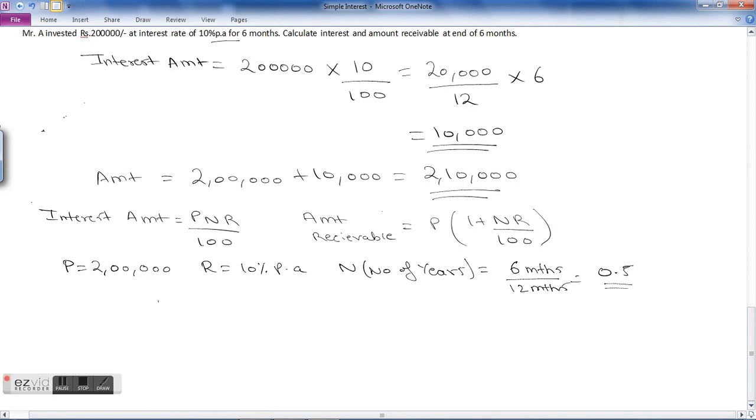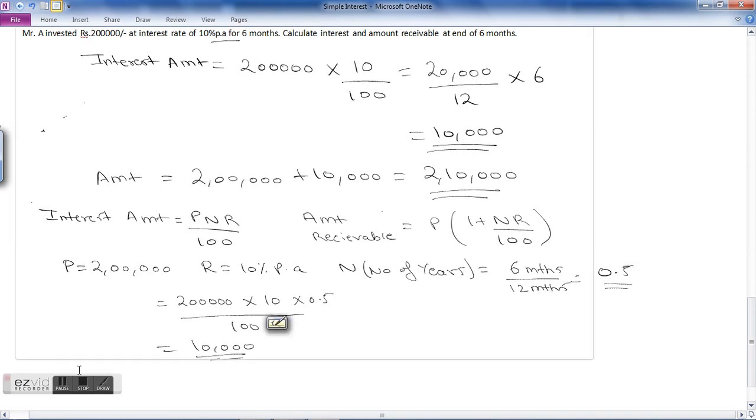So interest amount will be 2 lakh into 10 into 0.5 divided by 100, so that comes to 10,000. Now let's see what is the amount receivable.